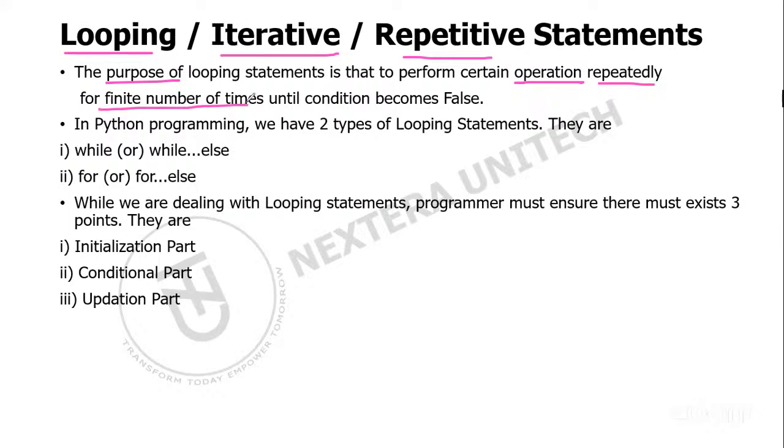For a finite number of times, until the condition becomes false. Until the condition becomes false, the operation gets performed repeatedly, time and again. In Python, there are two types of looping statements. They are while or while else, and the second one is for or for else.